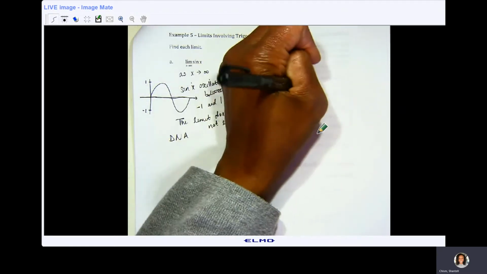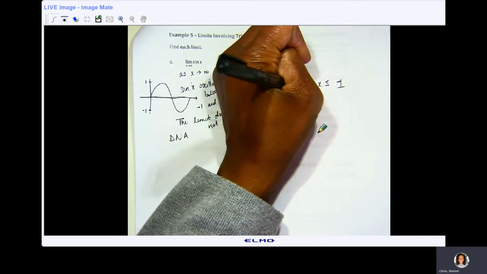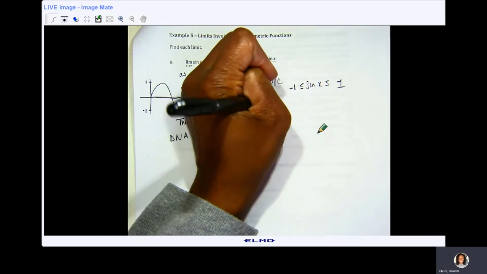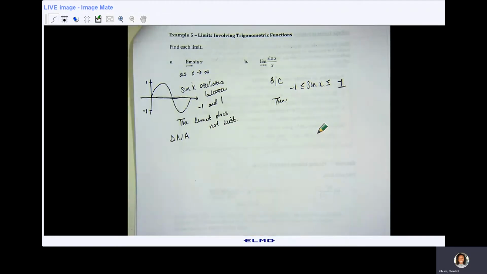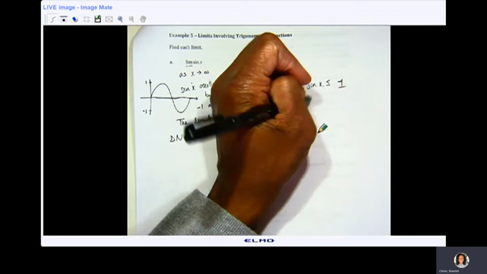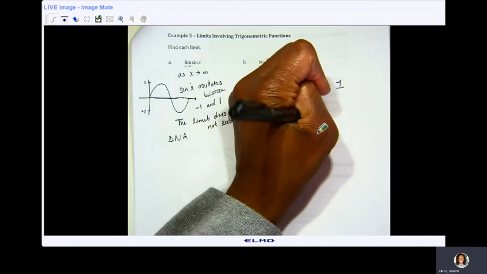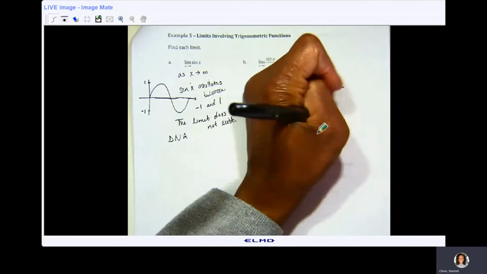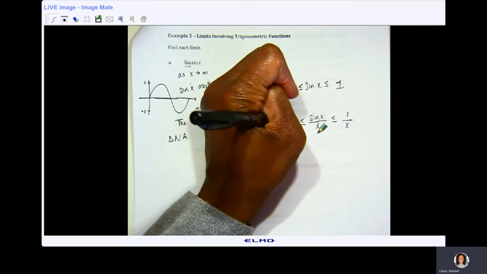Because sine x lies between positive 1 and negative 1, we can actually do something to each end and the middle, and it's still equivalent. So we can divide by x, like we see in the middle here, and that allows us to divide each end by x as well.